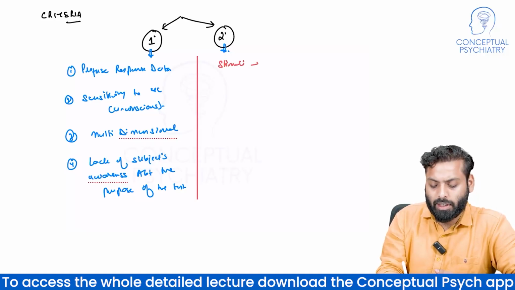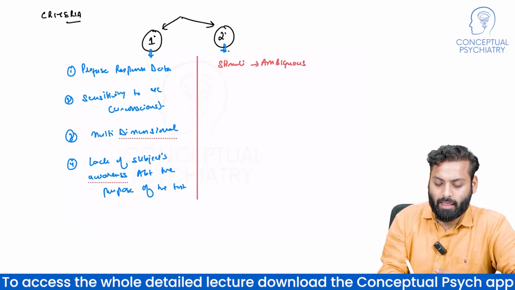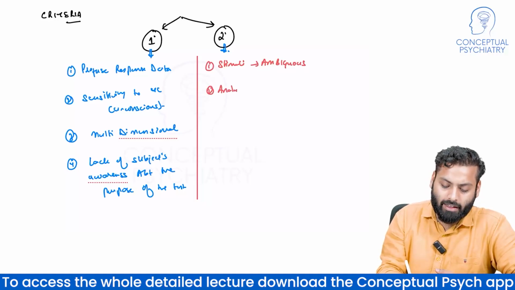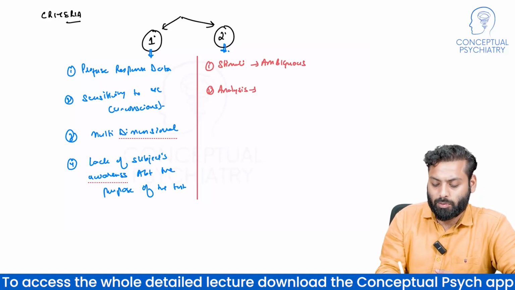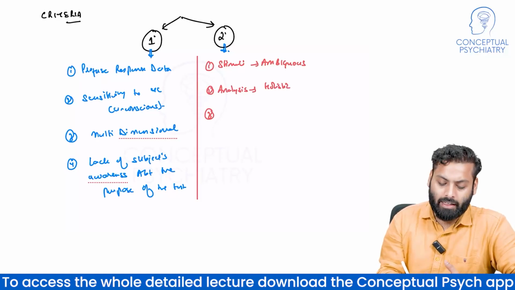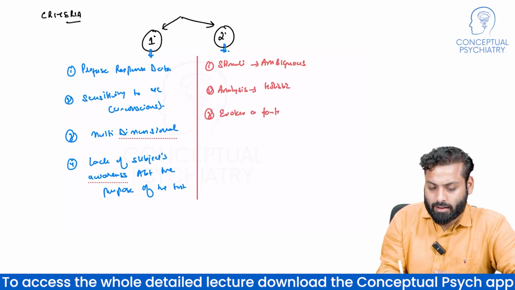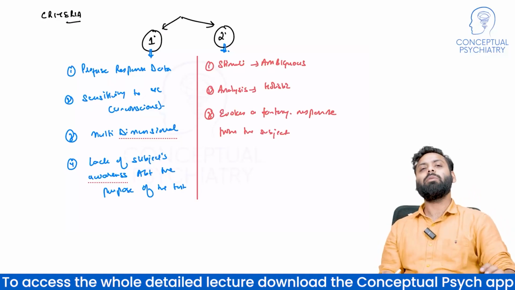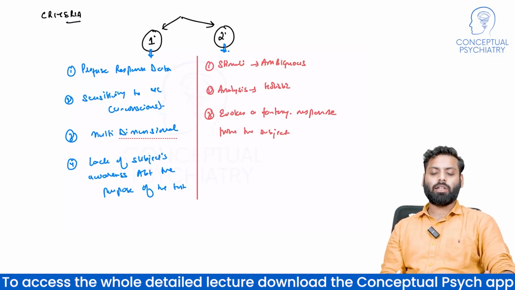The stimuli should be ambiguous. Then how should the analysis be? The analysis should be holistic. And the test should be such that it evokes a fantasy response from the subject. So these are the criteria of being a projective test.